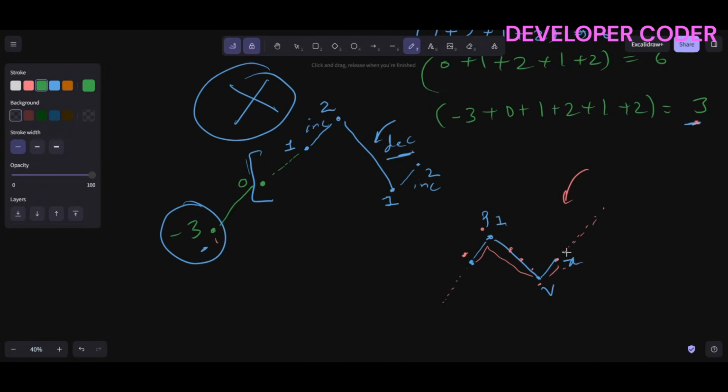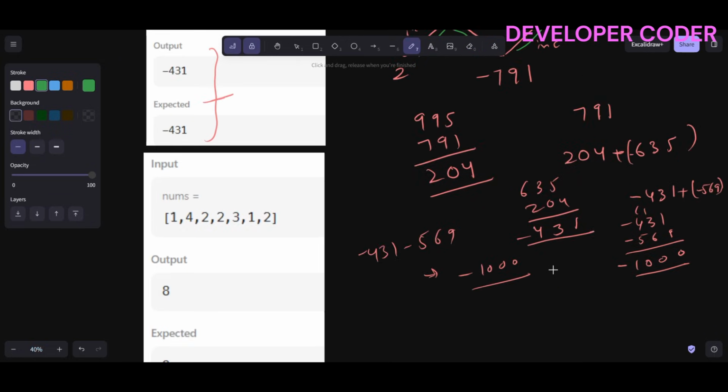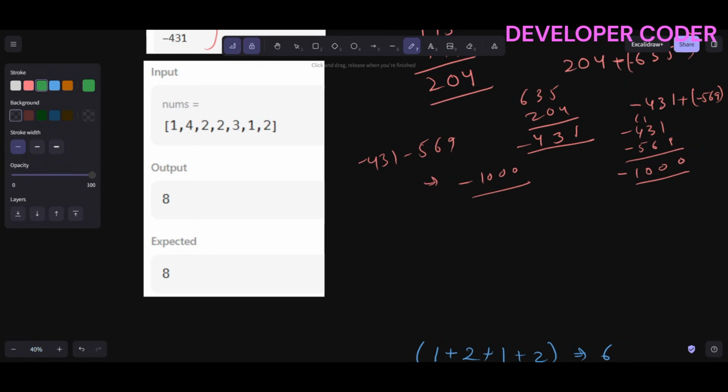And in this example, I proved on this side also that we need to extend. This is fixed. Now one more edge case. In this example, let's say first you are trying with 1, then you are taking 4, and then you are taking 2, and then again 2. This is wrong.